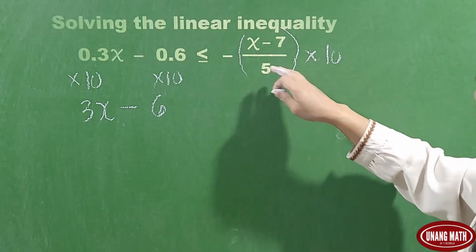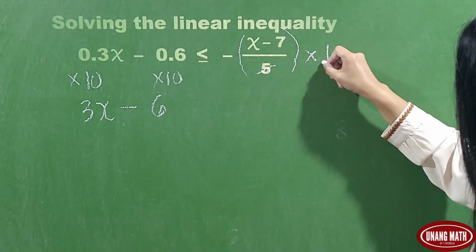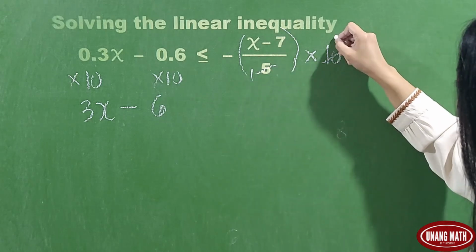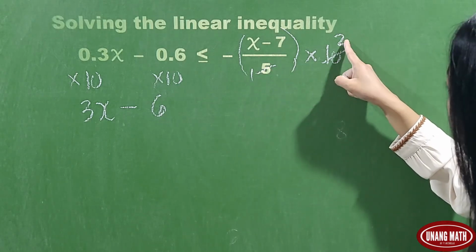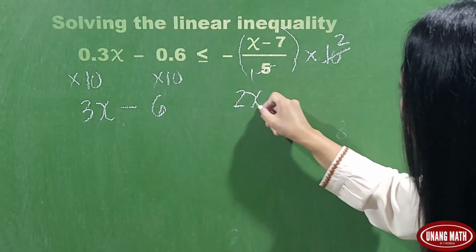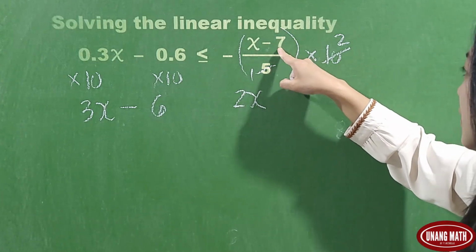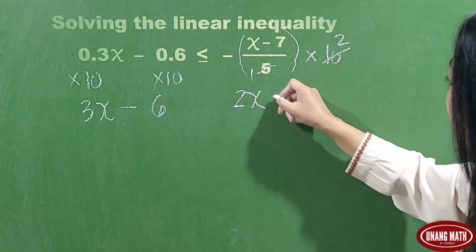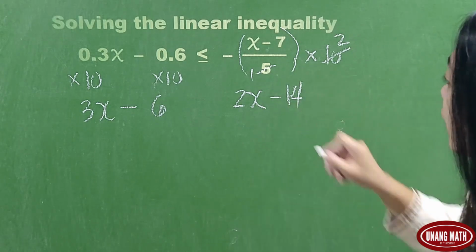Okay, what about this side? If we simplify, this is 1. This now becomes 2. So 2 times x is 2x. Negative 7 times 2 is negative 14.